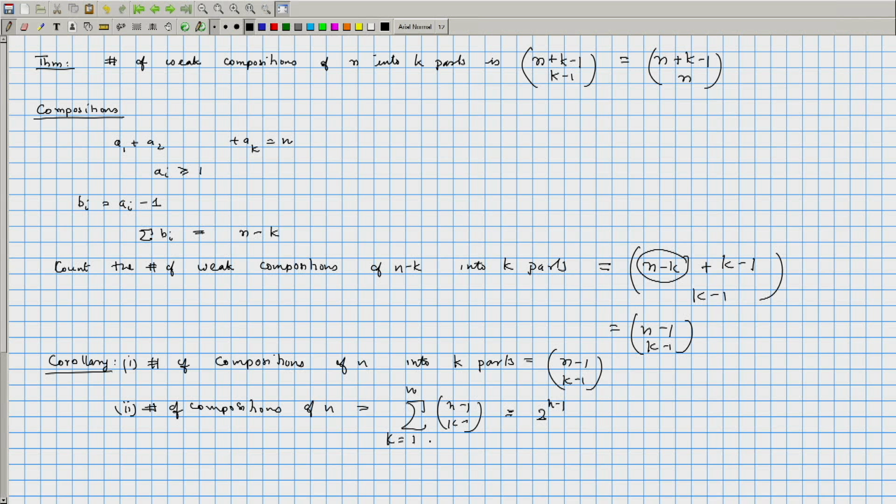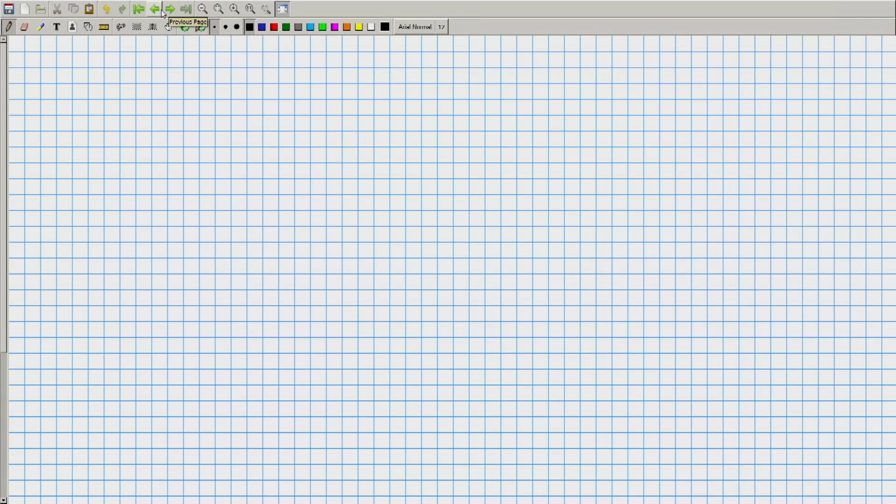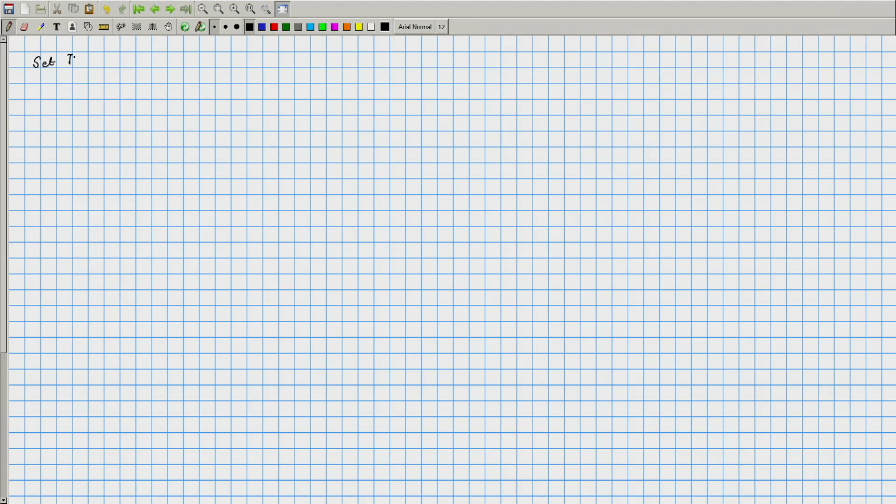Okay. So, now that we have done compositions, we will move on to a slightly different problem. This is known as set partitions. In the earlier case, the balls were indistinguishable, whereas the bins were distinguishable.